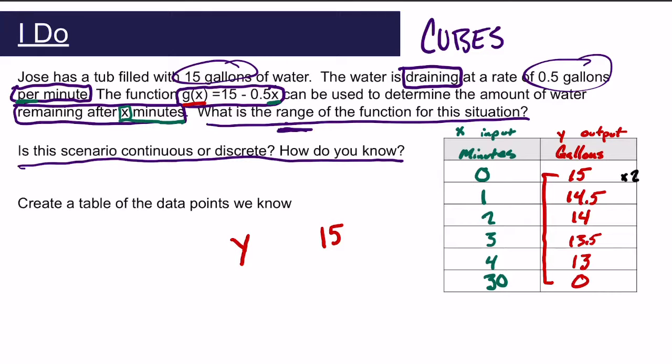Now, if it's the biggest number, we know y has to be less than or equal to 15. Well, what is our lowest number? Our lowest number is 0. We can have 0 gallons in the tub, so our 0 is included in the answer. So we know y is greater than or equal to 0.